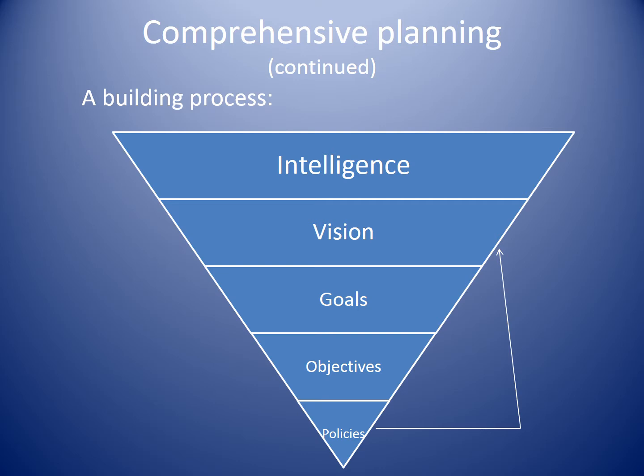As you gather that information, you use that to inform a vision of the community, and that vision then is used to formulate goals. In other words, these goals are all for the purpose of attaining that vision. And then under the goals you have a series of objectives, which are ways that the goals can be achieved.